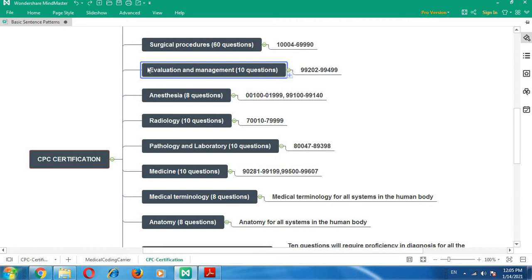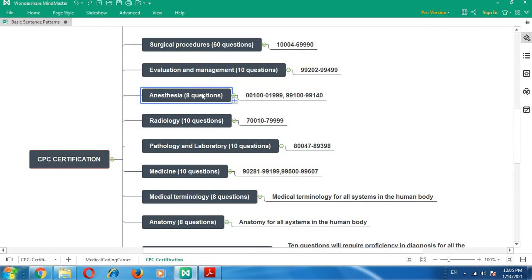So there are different departments in the hospital. Where exactly the patient is and which doctor provides the service, that location based service and the treatment and management of that particular patient falls under this E/M service code, which is the evaluation and management service code, and 10 questions are allotted for this E/M service code. The next section is the anesthesia section.